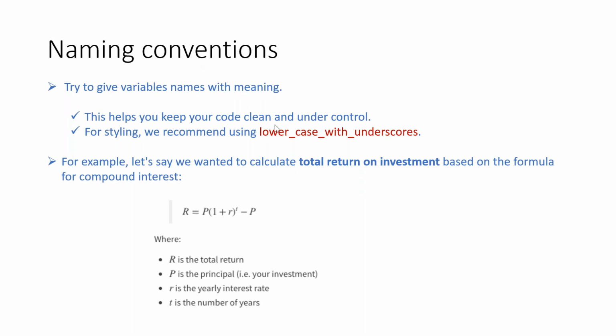This helps you keep your code clean and under control. For styling, Python recommends lowercase with underscores. So basically, use lower case, and wherever two words have a space, replace it with an underscore. You have to follow the same convention, then your programs will become more readable.